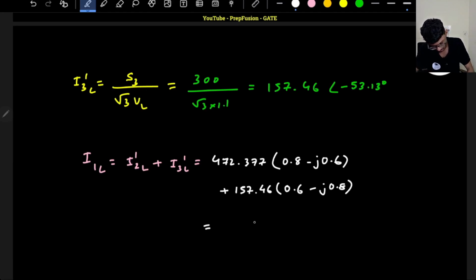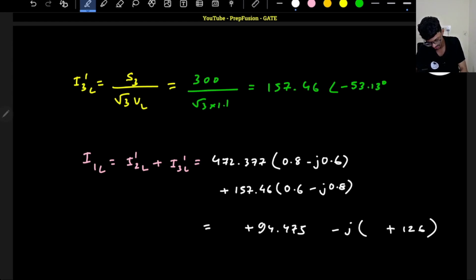This will be 94.476475 plus, minus j, 126, plus 472.377 into 0.8, which is 377.9.